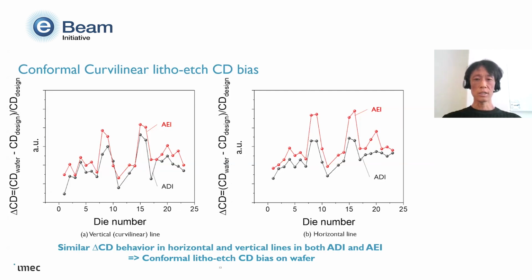This indicates that the etching process largely preserves the contour characteristics established during the lithography. In other words, the lithography to etch transfer behaves in a relatively conformal manner. Such conformal behavior is important because it allows the curvilinear shape generated during the lithography to be maintained through the final pattern transfer process, through the etch.